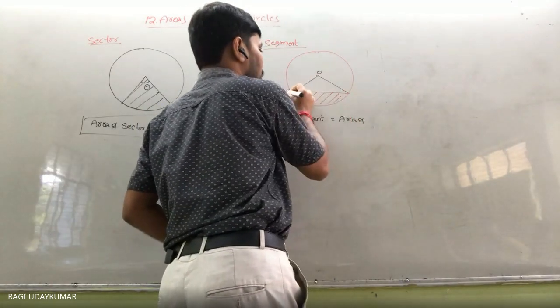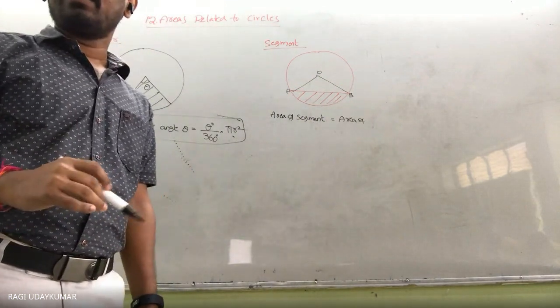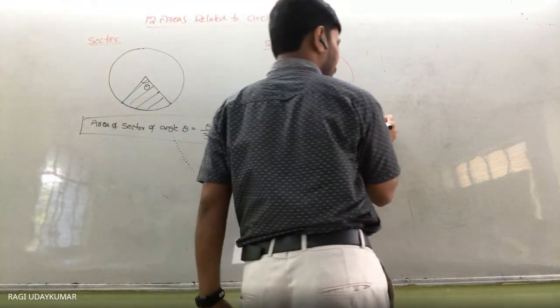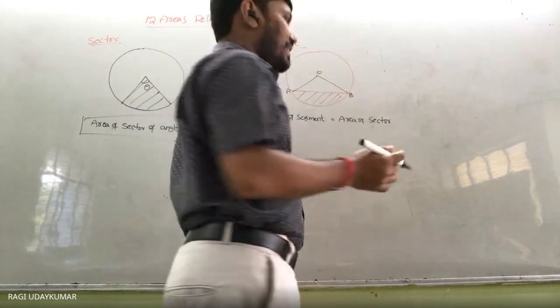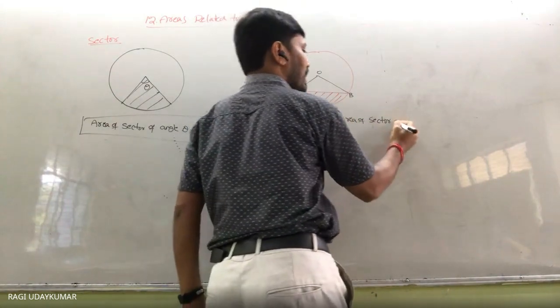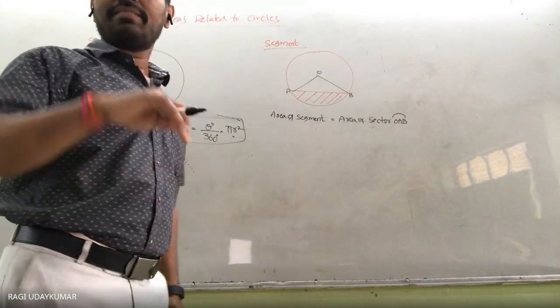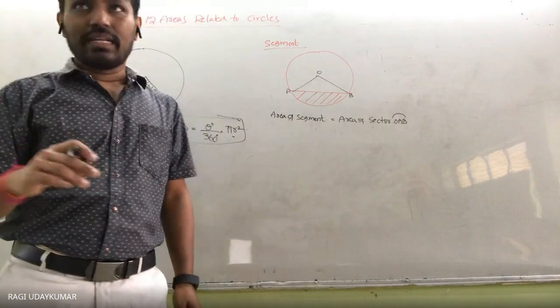This is OAB. Do you know how we represent the sector? How do we name it? With 3 letters only. We are going to give the 3 letters only. We write OAB and put a curve on top.